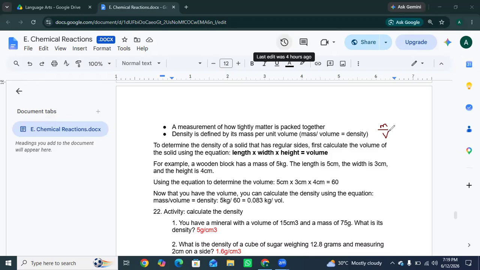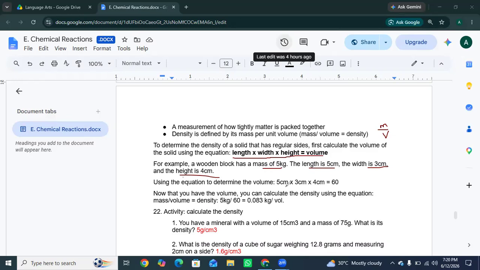Okay, so to determine the density of a solid that has regular size, first calculate the volume of the solid using the equation length times width times height. For example, a wooden block has a mass of 5 kg, the length is 5 centimeters, the width is 3 centimeters, and the height is 4 centimeters.